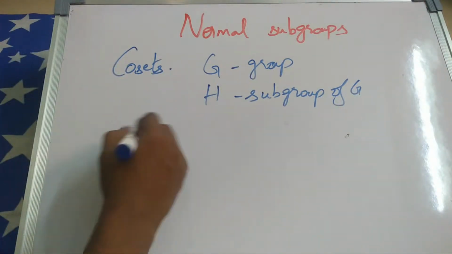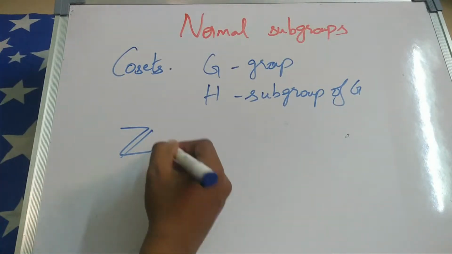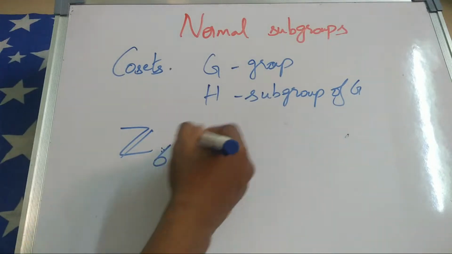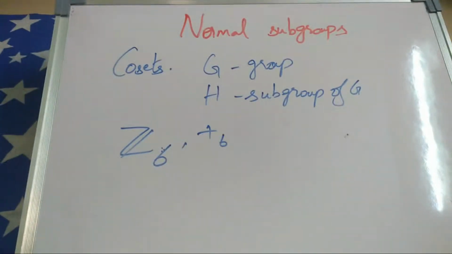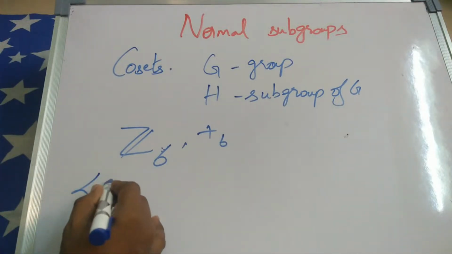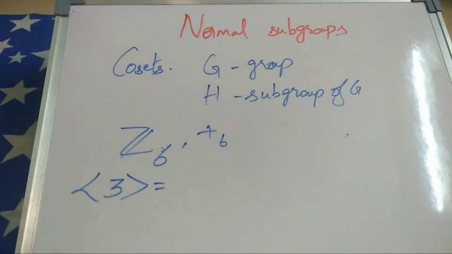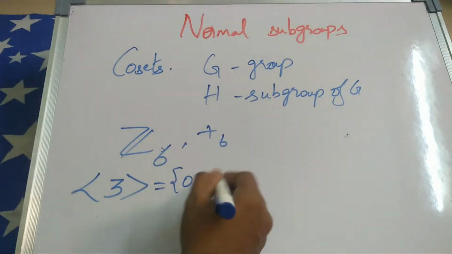Now, consider Z6 under addition modulo 6. Let us consider the subgroup generated by 3. The subgroup generated by 3 will have 0 and 3.